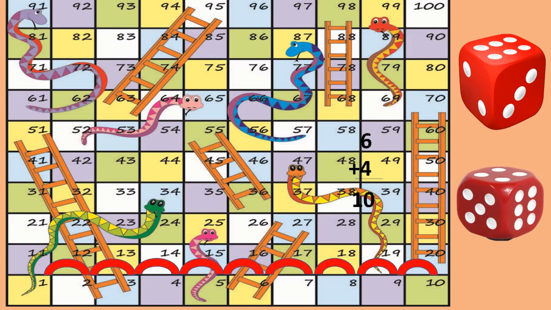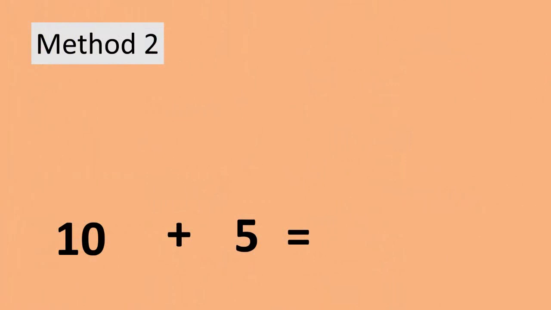So let's solve some more examples based on this method. For example, here we have 10 plus 5. So first we have to identify the bigger number. Among these, which is the bigger number? Yes, 10 is the bigger number.